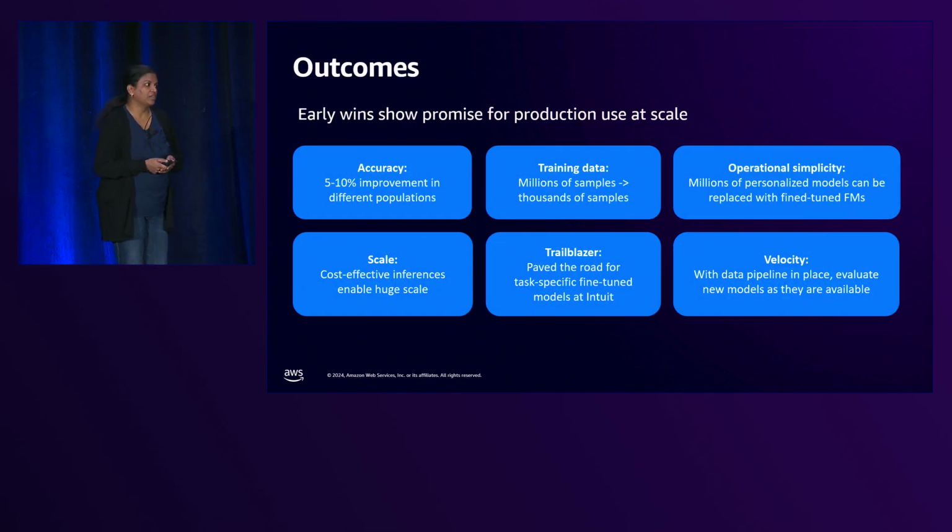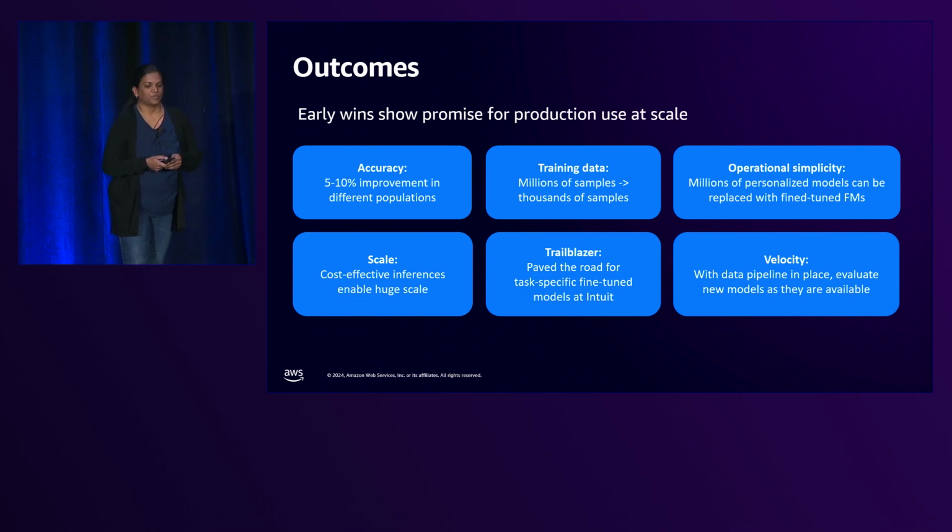So if you recall, we had 3 main challenges with our traditional ML-based system. The accuracy was not improving. We had operational complexity, maintaining millions of models in production, and the lack of ground truth. I'm happy to share that our fine-tuned models, the early wins with that, show promise for production use at scale.